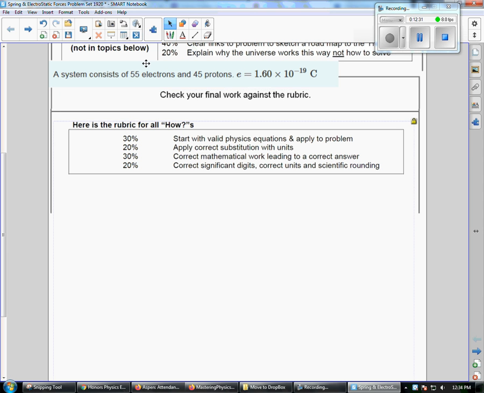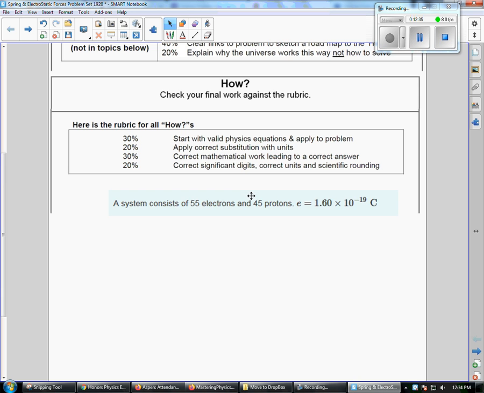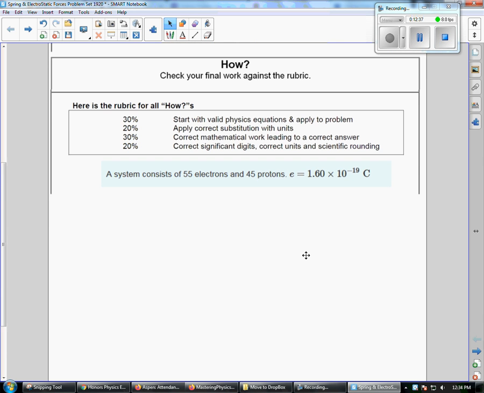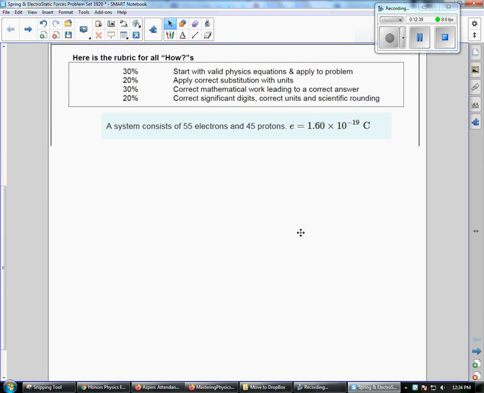Sometimes you'll see that as like 1.602 rather than just 1.6. So they want to know the net charge. So the net charge would be the charge because there's electrons plus the charge because there's protons. That would give us a total charge.